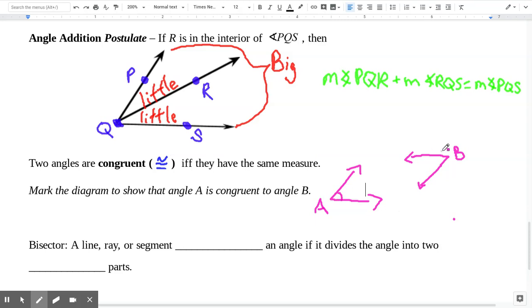And to show that this angle is congruent to that one, just match the number of arcs. So if you put one arc on angle A and just one arc on angle B, what we are saying is that these two angles are the same size. And so then we would also know their measurements are equal. So if this angle right here had a measure of 55 degrees, this angle over here, we would automatically know has a measurement of 55 degrees.